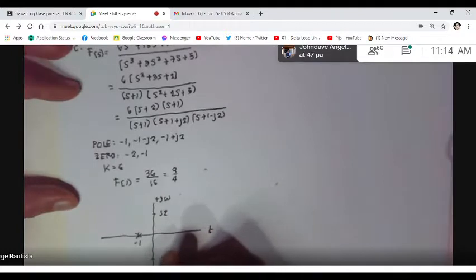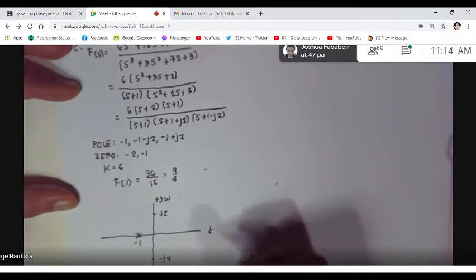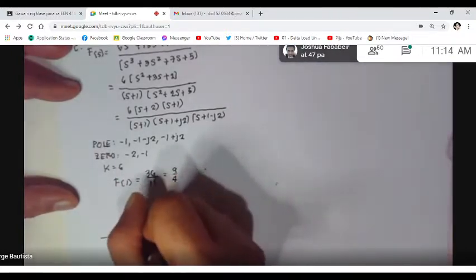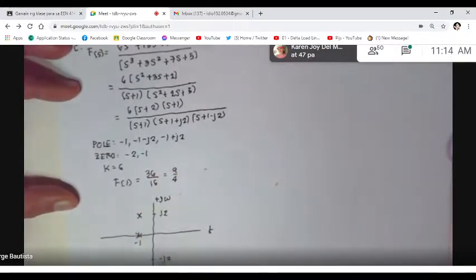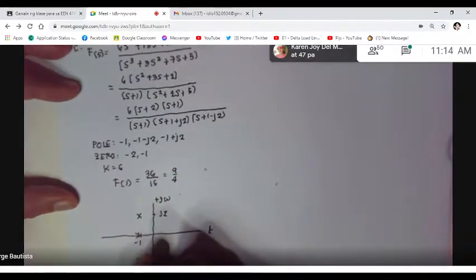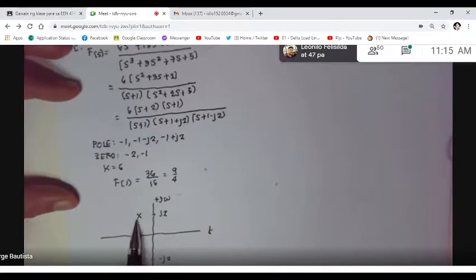Ito yung negative j2. Since pole yan, so dito, x. Dito, x. Diba? Kasi ang pangalan nito ay negative 1 plus j2. Ito naman negative 1 minus j2.